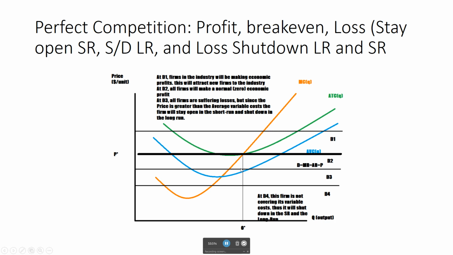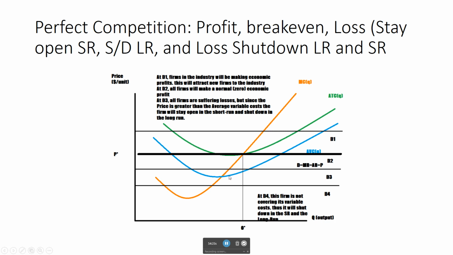Everyone will be making this normal economic profit. Down here, this firm right here, D3, this firm is suffering a loss. They're operating below the break-even point, but they're getting a price above the shutdown point. So this firm will stay open in the short run and shut down in the long run, say after their lease is up, and they no longer have to pay those fixed costs. They stay open because the price they're receiving is above the average variable cost.